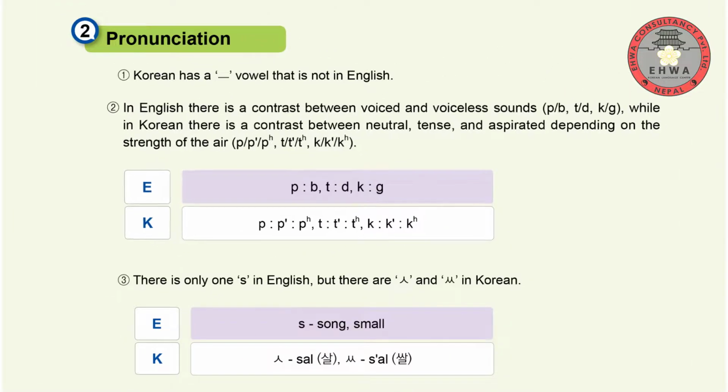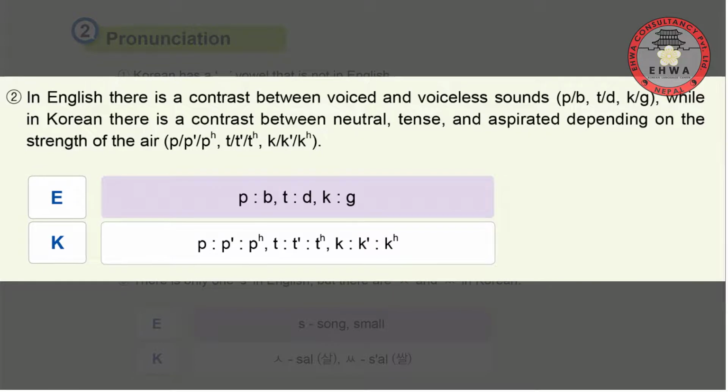Number 2. You know, in English, a word can start with either the letter P or B, and the sounds are different, as in pill and bill. The same is true for the sounds T and D, and K and G in English. However, in Korean, the same letter is used to represent the P and B sounds, and for the T and D sounds, and the K and G sounds.